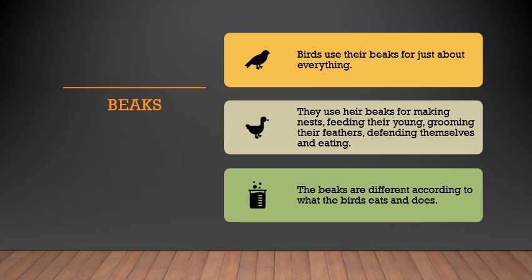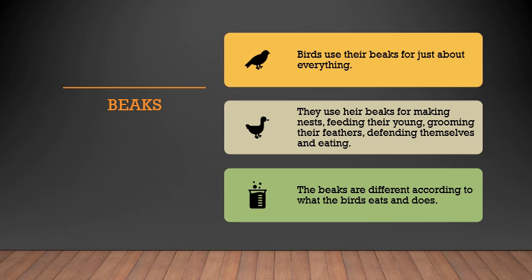Whatever we do with our hands, like eating or cleaning our body, in the same way they use their beaks for about everything: to clean their body, to eat, to break open nuts. They use their beaks for making nests, feeding their young, grooming their feathers, defending themselves, and eating. For all of these things, they use their beaks.